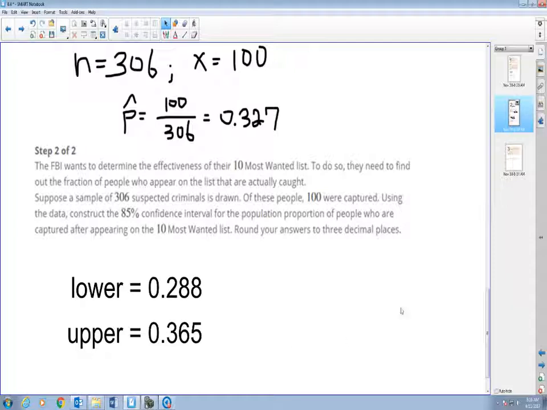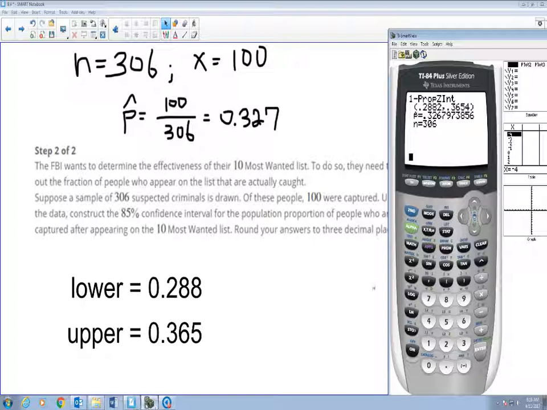Now, as you can see, every time, and this is real neat, I've never done this before, but I'm going to show you here. Okay, these upper and lower bounds come from 85%.